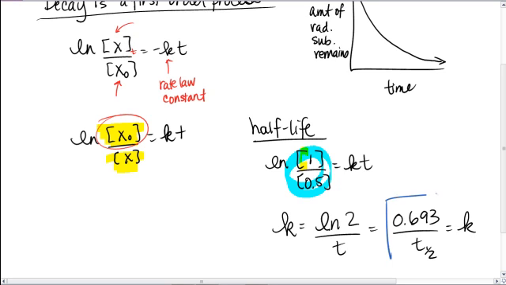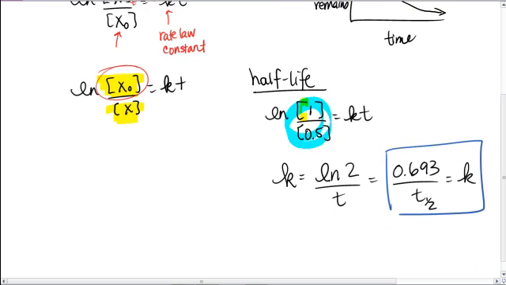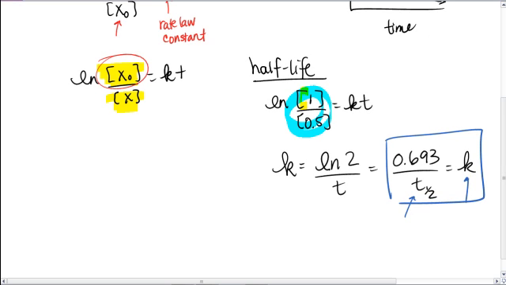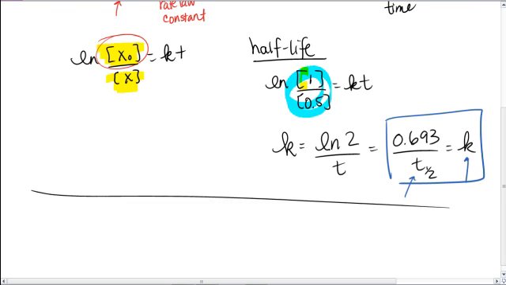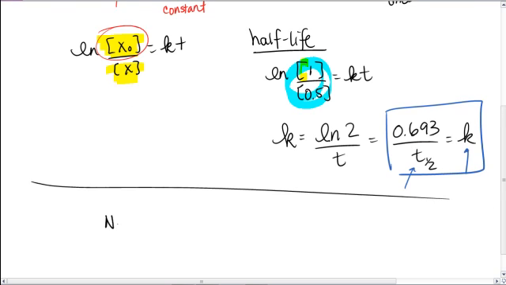So this is a way to find the rate law constant if you know the half-life, or find the half-life if you know the rate law constant, either way. The half-lives range from really, really big. An example is neodymium-144, the half-life of that is 5 times 10 to the 15th years.